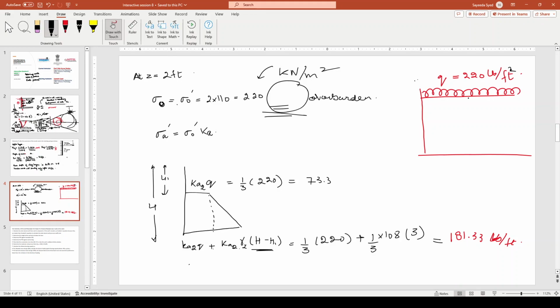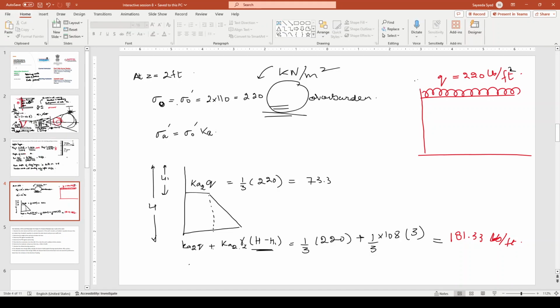You got the value of pressure above and the value of pressure below. The diagram, let's calculate the total pressure now.